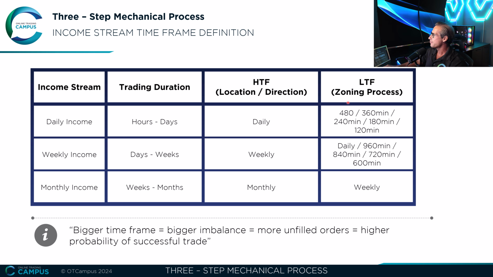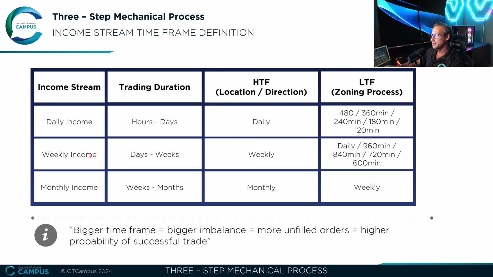So you can play around with these charts for lower time frame. So for day trading, you would find your location and your trend on the higher time frame, which is your daily chart. And then you would go to the lower time frame to define your set, your stop, entry, target on these different time frames, from a 2-hour chart to an 8-hour chart.